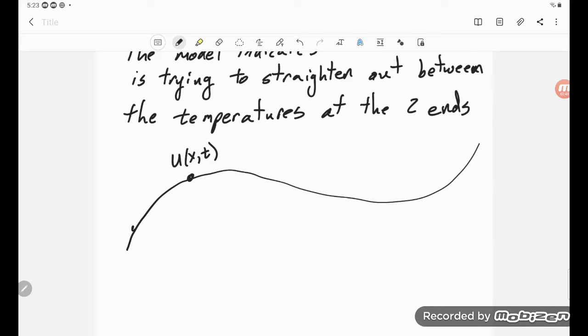Now, down here, what I'm going to do is say that we're going to move this way some h, or delta x, but I just like using h's. And so this point is u of x minus h and t. And if we come over here, this is u of x plus h and t.